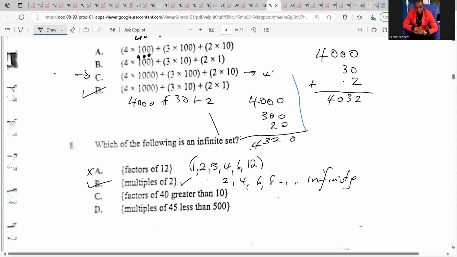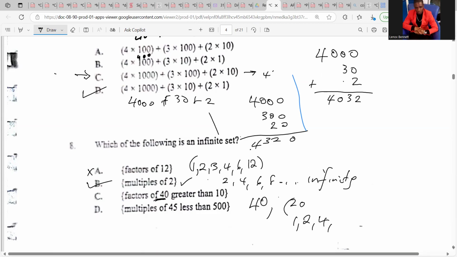Are factors of 40 greater than 10 infinite? It has a limit, right? Factors of 40 greater than 10 would be, let's see, 1, 2, 5. I think it'll only be 20, right? You could list them out, guys.